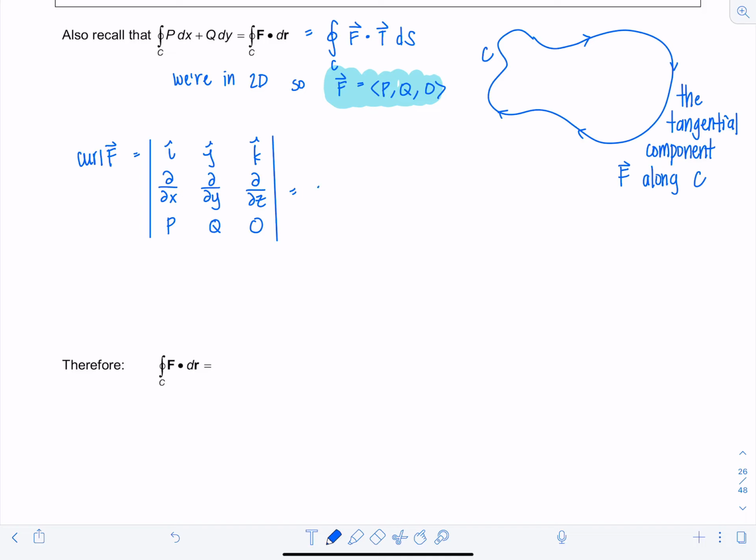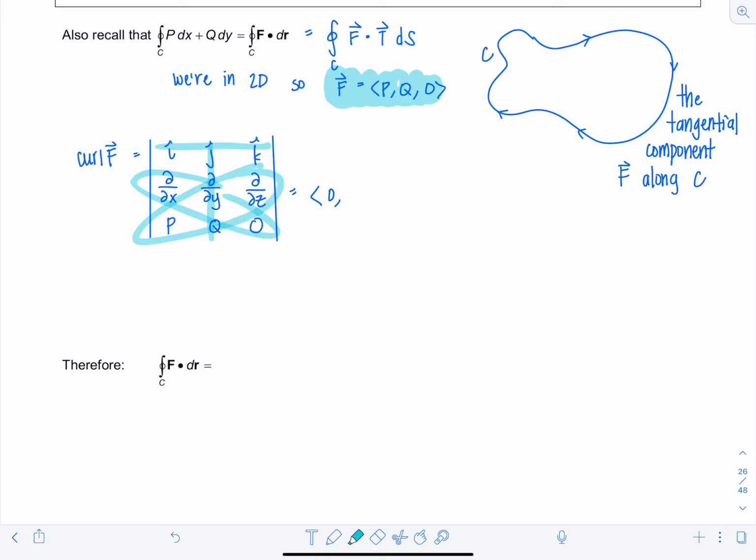Okay, so let's see, the first component is going to be 0. There's no Z's going on, so the partial with respect to Z is going to be 0. Very good. Next component, let's see here. So this is gone, this is gone, this is 0.